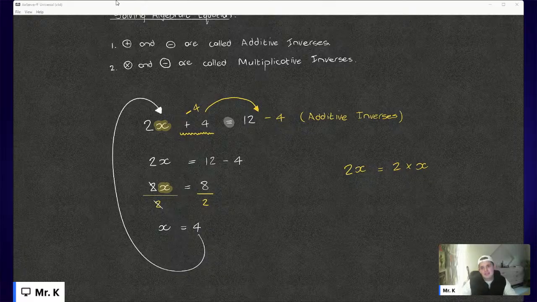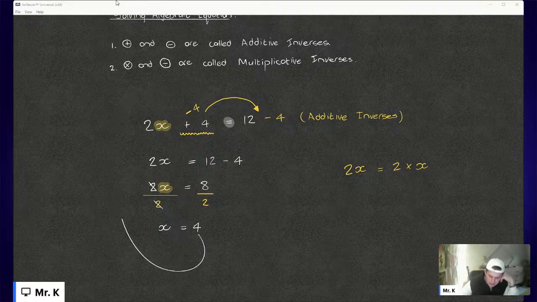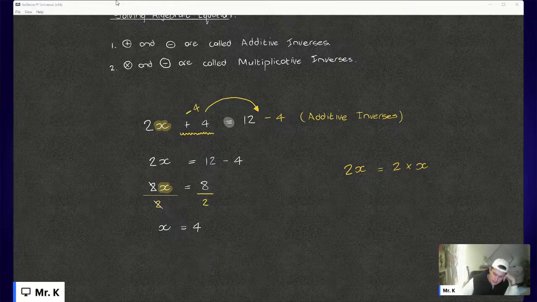And if you haven't, it unsurprisingly means that the two values will be different on either side of the equation, right? So those are some of the fundamentals that we really need to understand when it comes to solving different equations.